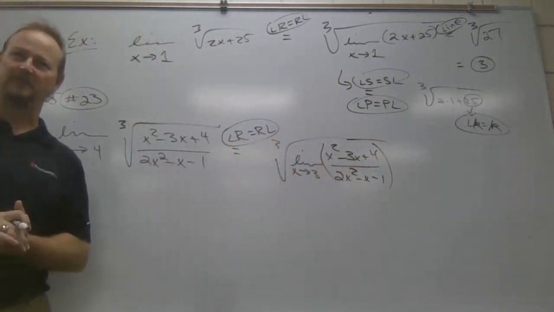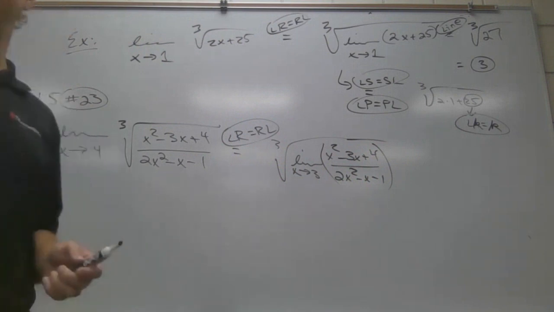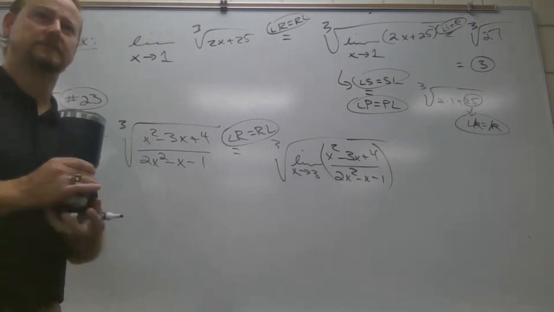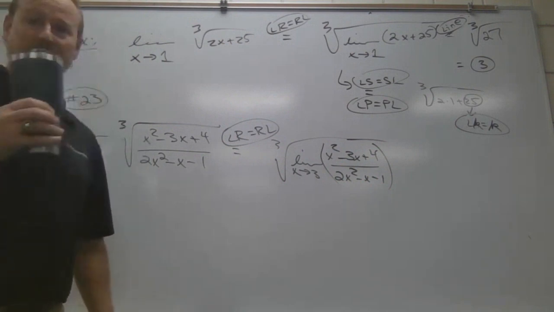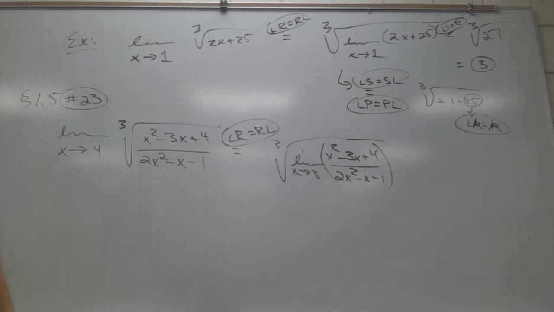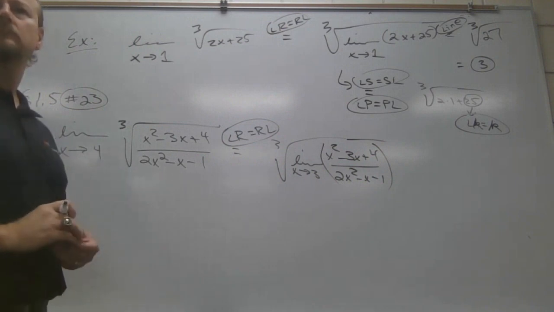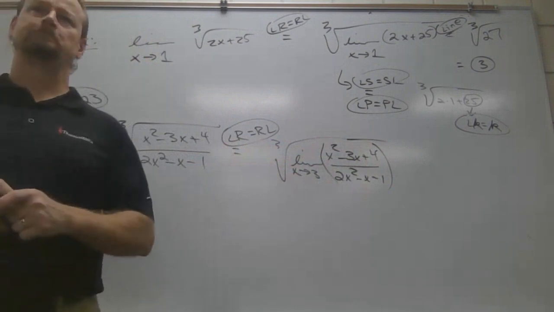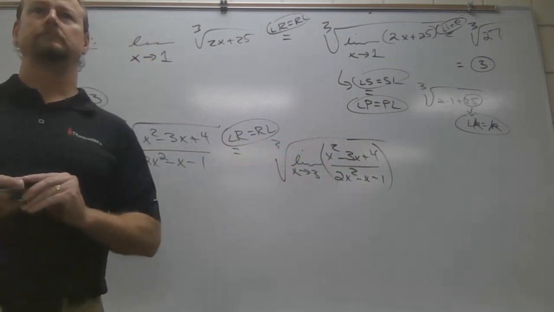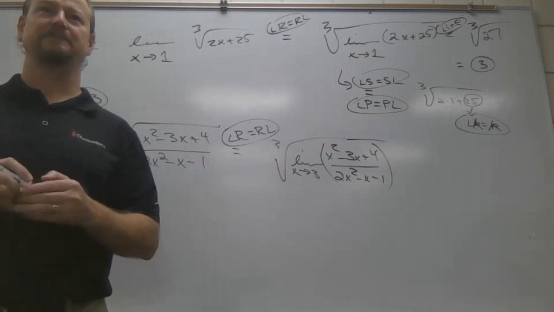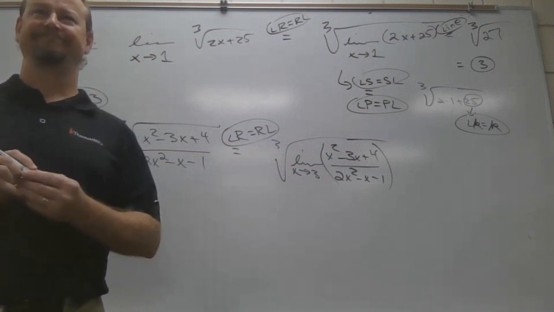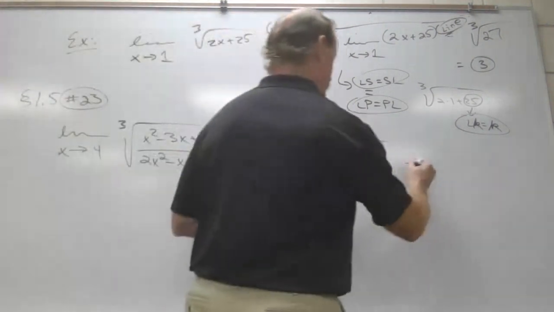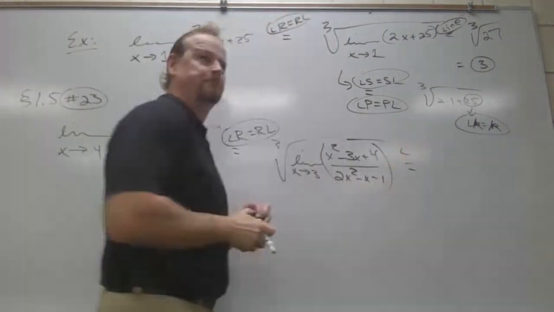All right, somebody from the other side of the room, maybe the back row. Still with me back there? How could I split this one up? What's your best guess? Limit of the what?